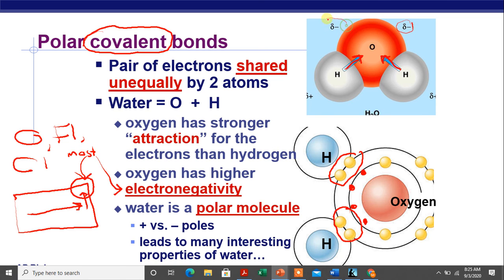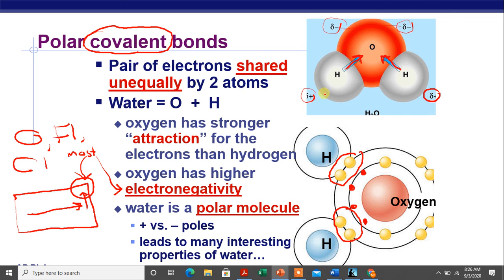They mean that this side of the molecule is slightly negative because it's closest to the oxygen, which has more electrons. And this side of the molecule, where the hydrogens are, is slightly positive because the negative charges are being pulled away from this side of the atom.